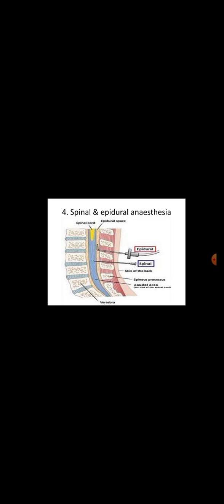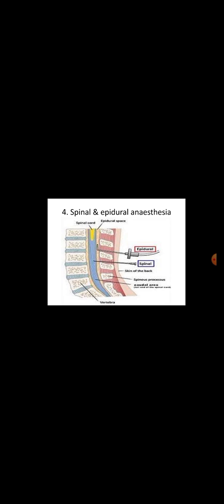In the field block, all the nerves in that field will have their sensation blocked. In nerve block, we block that particular nerve completely, wherever it is supplying. Okay, that is nerve block.